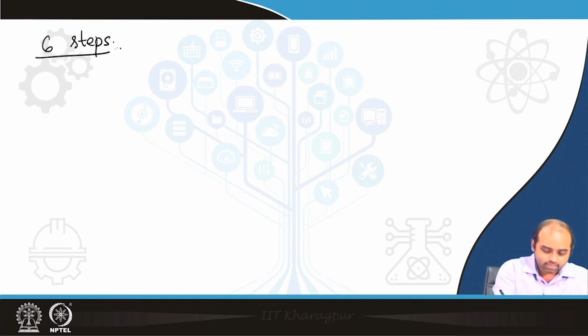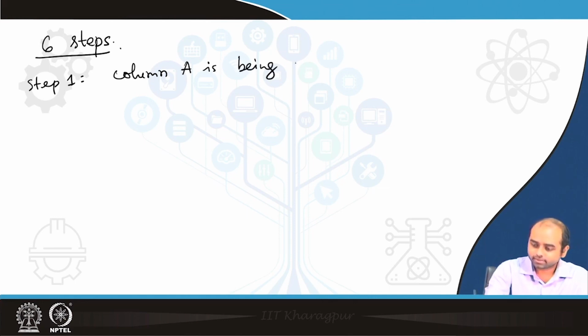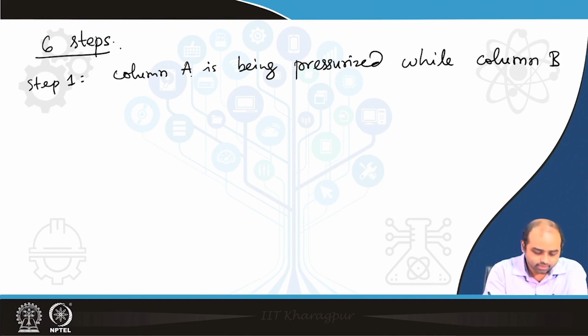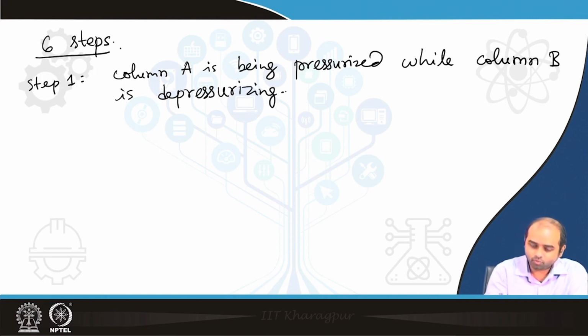So, step 1 is column A is being pressurized while column B is depressurizing. So, that is step 1.